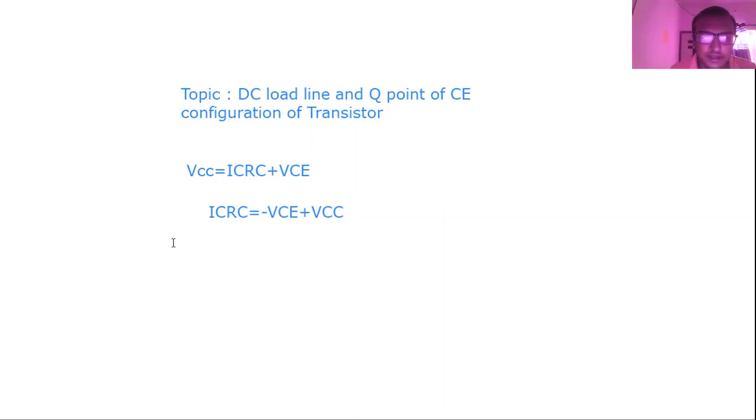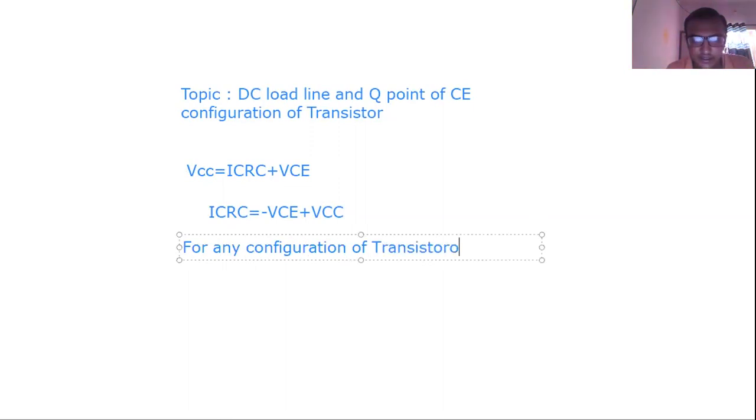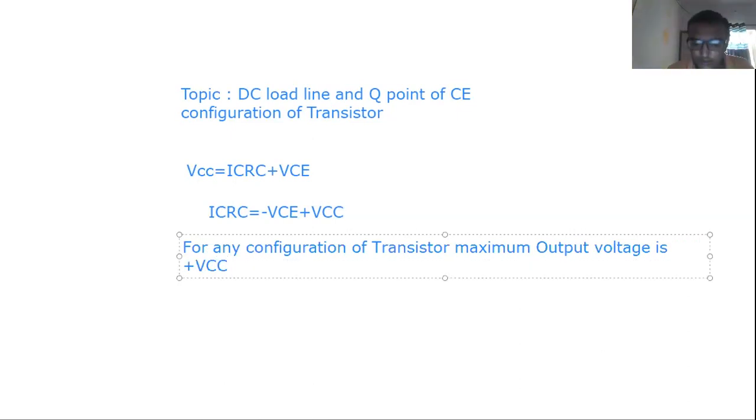For any configuration of transistor, the maximum output voltage is plus VCC.